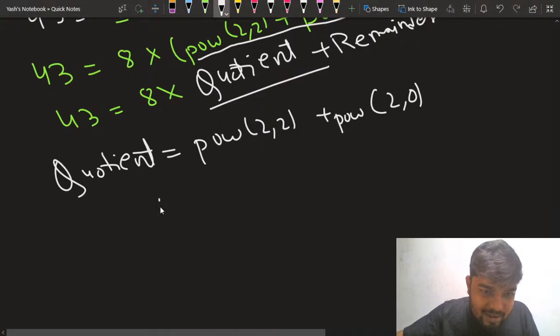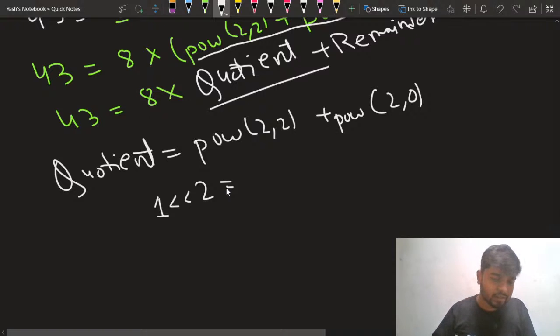Okay, just tell me one thing. If I do 1 left shift 2, what will I get?